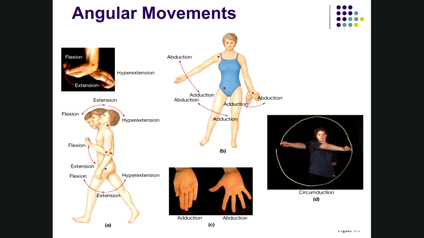You can do it with your legs. You can do it with other body parts. So again, there's the midline right here. When you move this way, it's abduction. When you move this way, it's abduction. But when you move toward the midline, it's adduction.